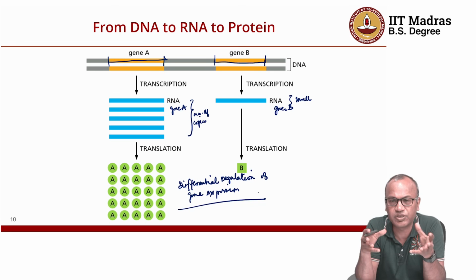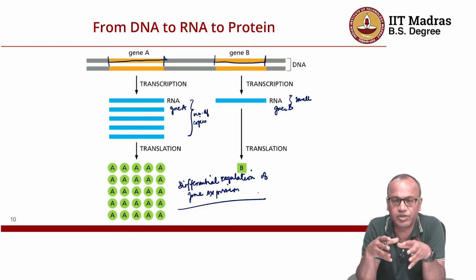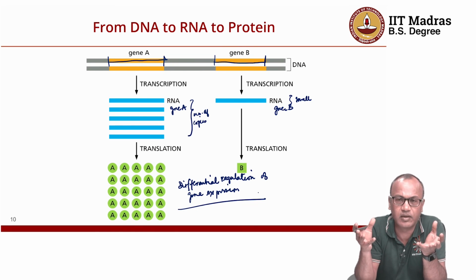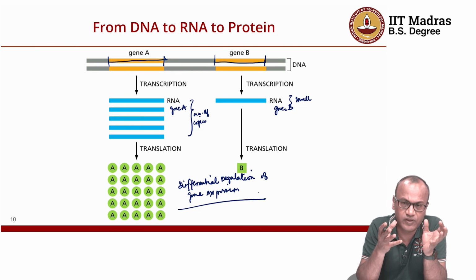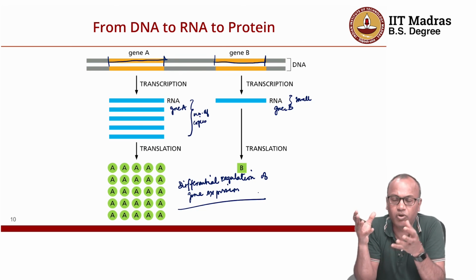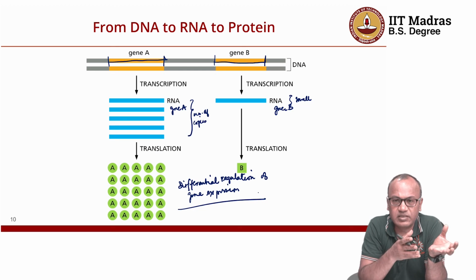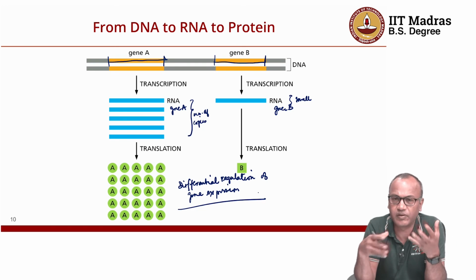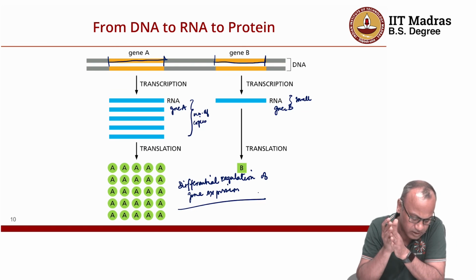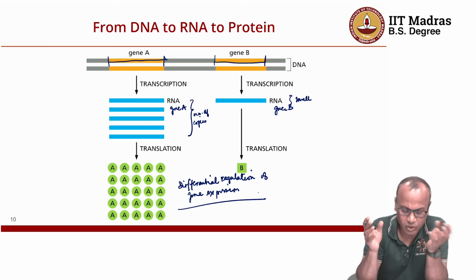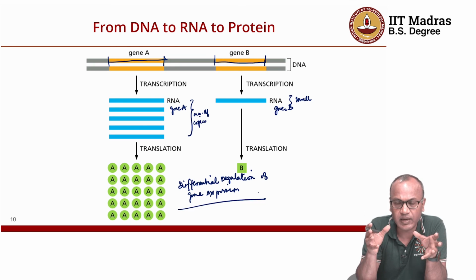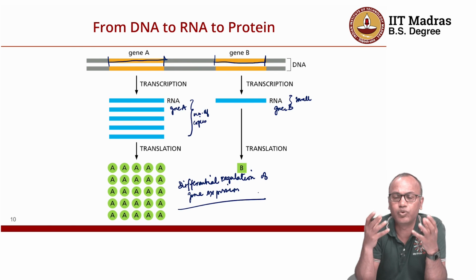Differential gene expression is one of the fundamental techniques to understand what is happening within a cell, let's say between a normal cell and a disease cell. We'll cover these topics in slightly more detail later. So by having this intermediate RNA molecule, you introduce differential expression.